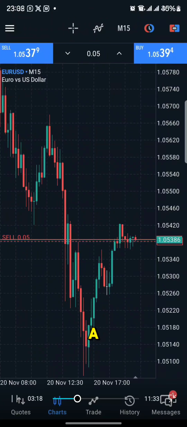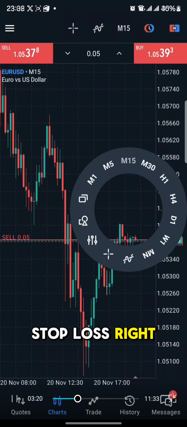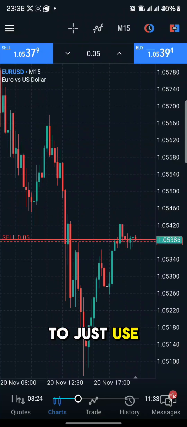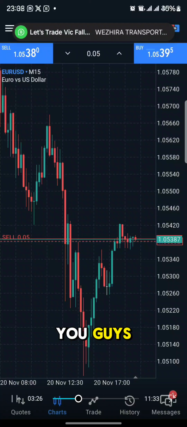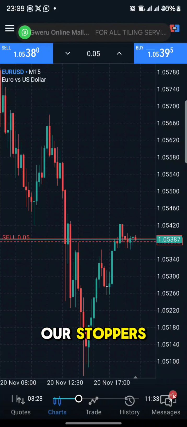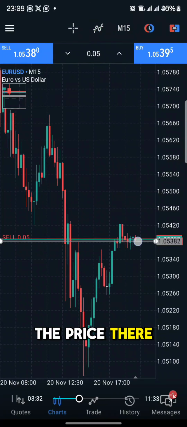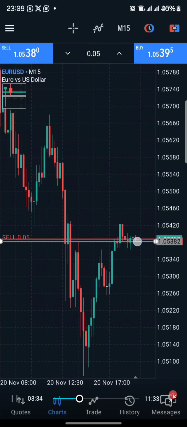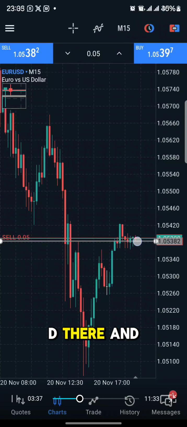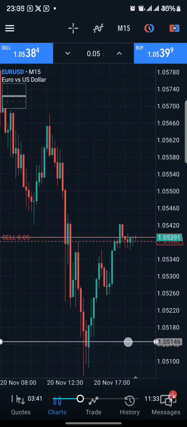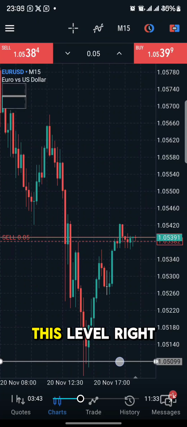I'm going to put a stop loss, right? I'm going to just use maybe a line first so that you guys can know where we're putting our stop loss. I'm saying that I sold Euro USD there, and I'm expecting the price to go down all the way to maybe this level, right?